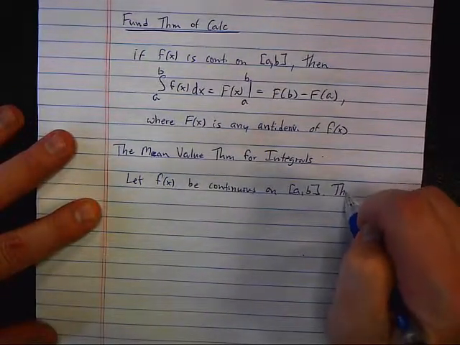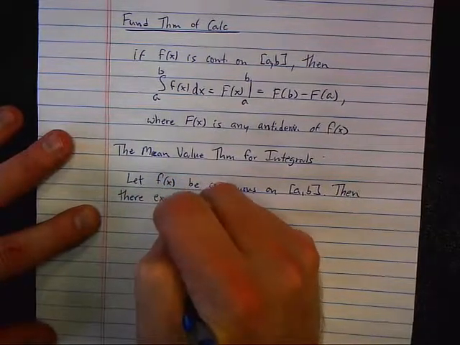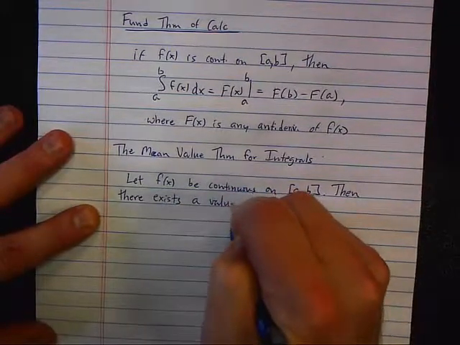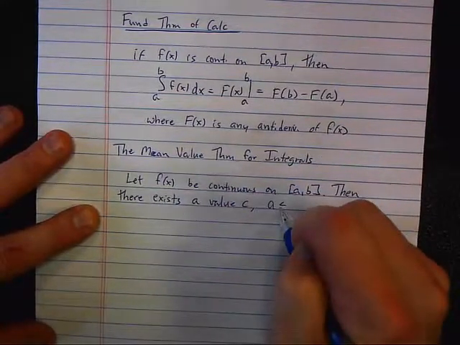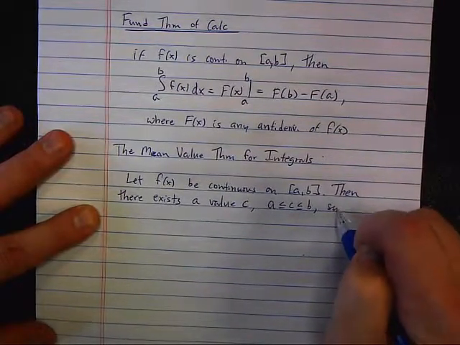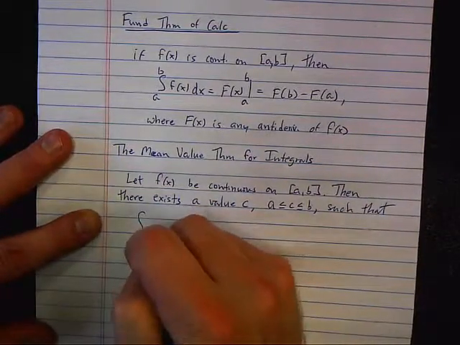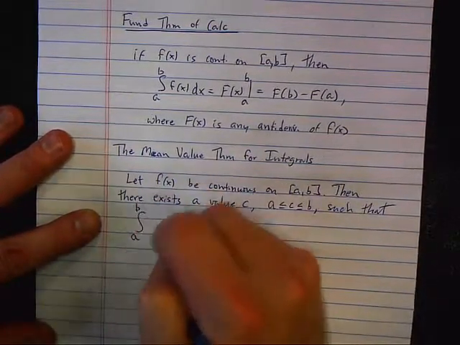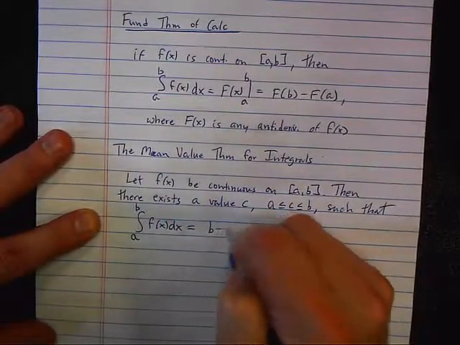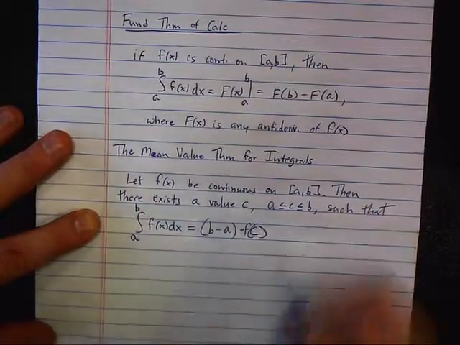Then there exists a value c, where c is between a and b, perhaps equal, such that the integral from a to b of f of x dx equals b minus a times f of c.